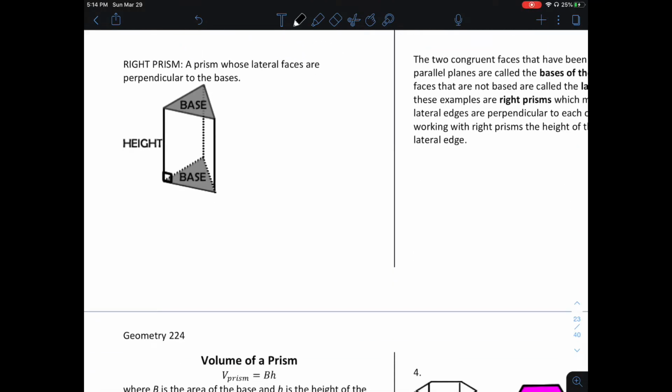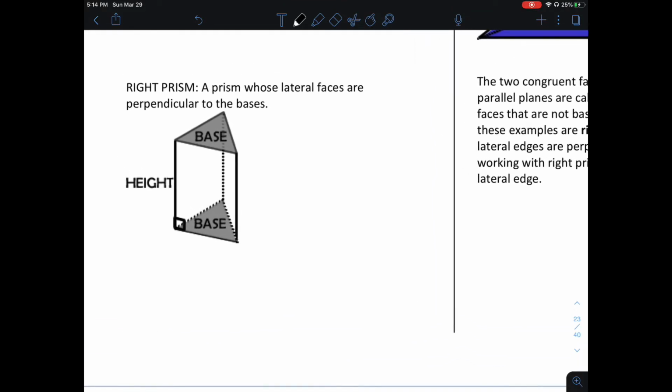We got a right prism, a prism whose lateral faces are perpendicular to the bases. So we're going to be dealing with right prisms a lot. So notice this right down here is a right angle. So because of that right angle, that makes this a right prism. So notice the bases. The bases are always parallel to each other.